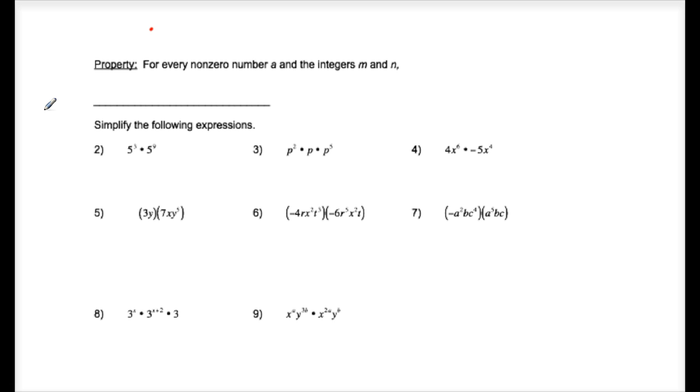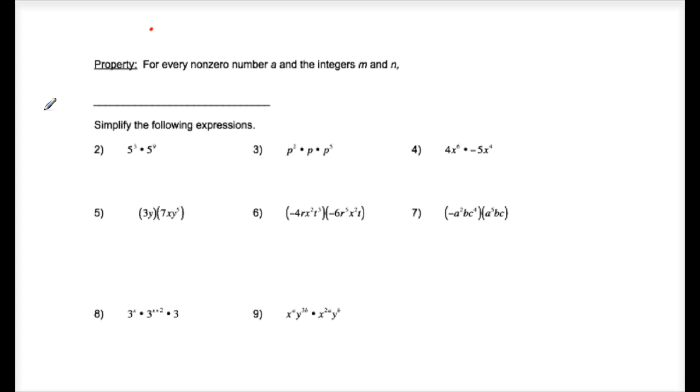Let's see, chapter 7. I'll be honest, product of powers. I guess it is product of powers. Oh, yeah, product of powers. That is it. My bad.